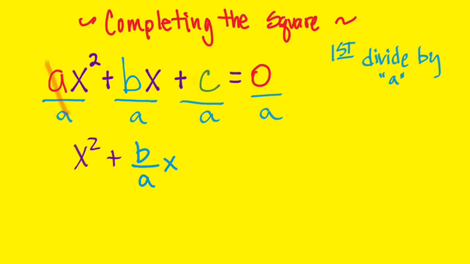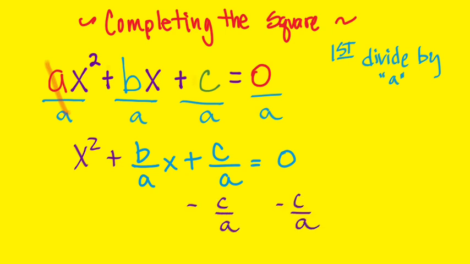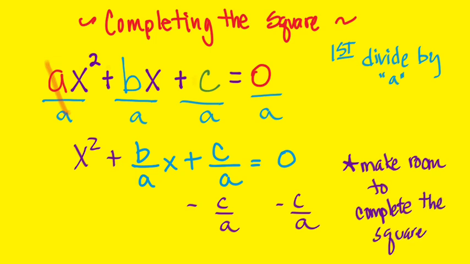And then I have b divided by a x plus c over a, and that equals 0 still, because 0 divided by a is just 0, right? Now, to complete the square, I need to make room for it. So I subtract my value of c, which is c divided by a, from both sides. All right, got to make room for completing my square.